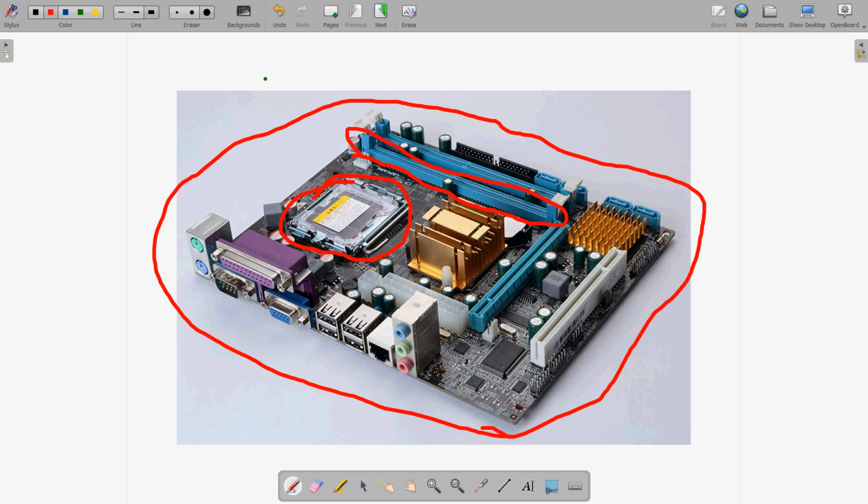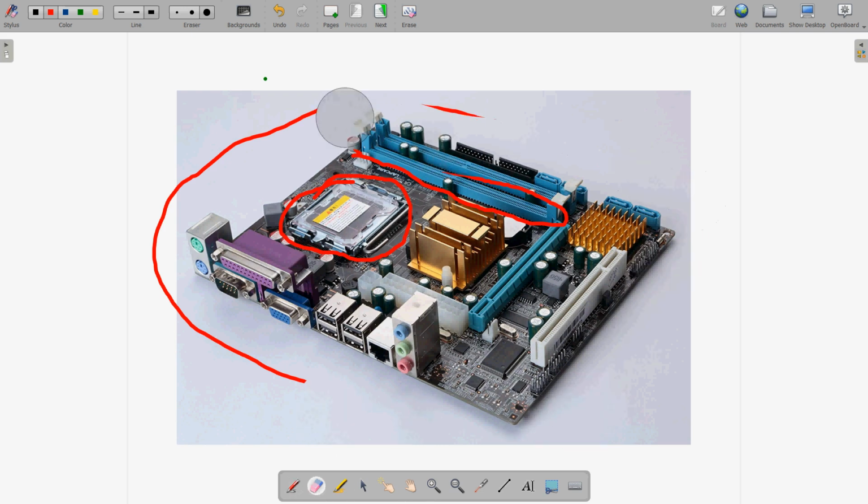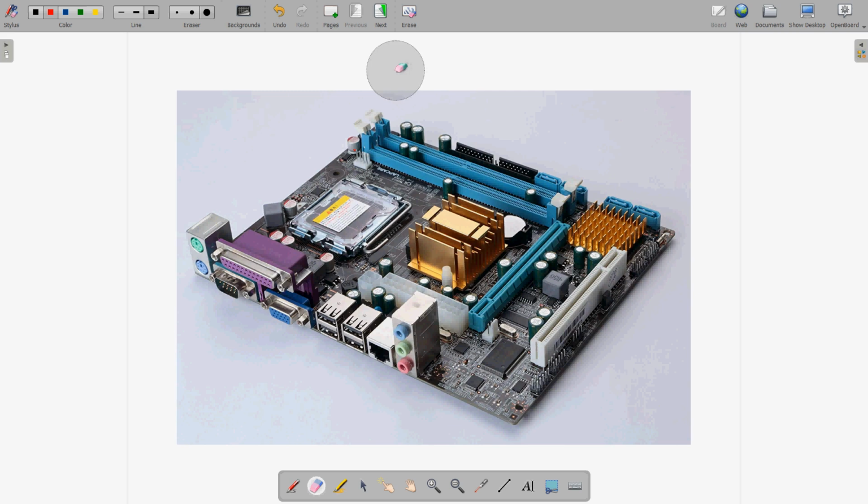Clear? And if I show more pictures, here there are various other things, the different circuits, the different components where they will be placed. That is the different circuit part of this. Now if we see about the RAM also, the memory module, we can see that also. Let us move to the next picture.